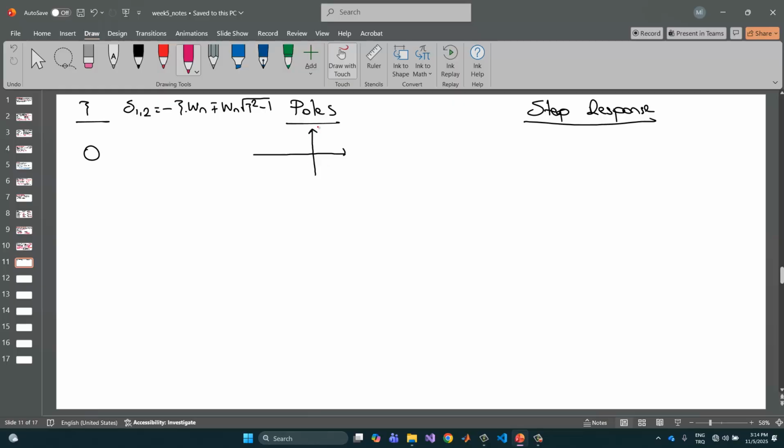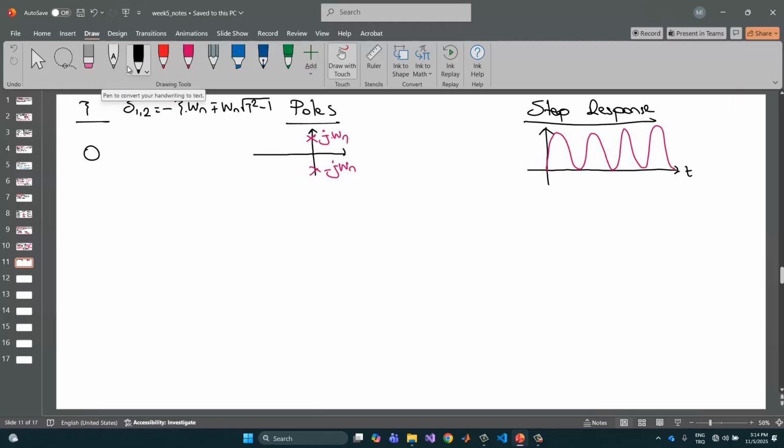And so we have two roots in here, just like this one, minus jWn and jWn, okay? And so what's the response of this system? Undamped, which means that we have this kind of oscillation, right? Yes, sine Wn times t. Okay?